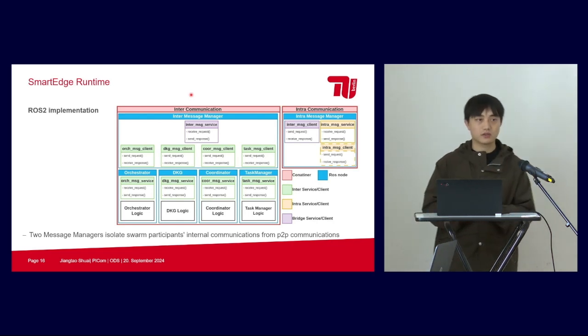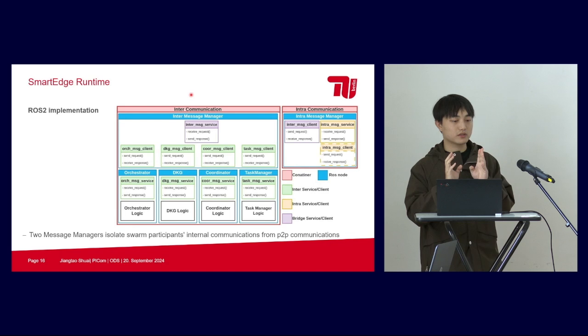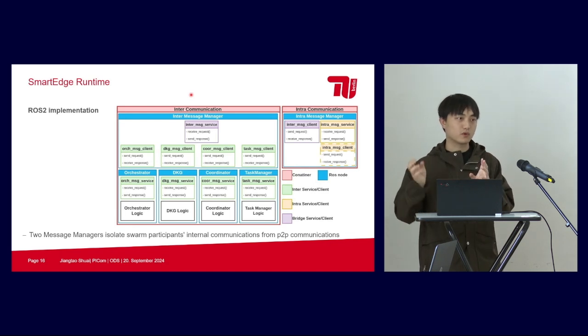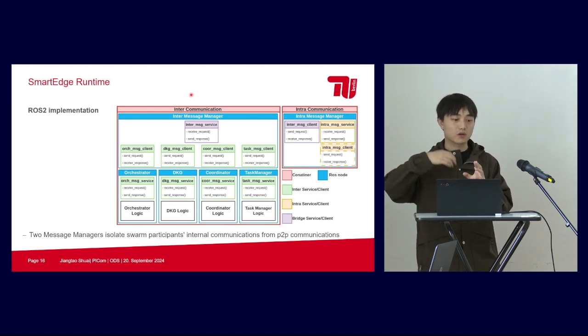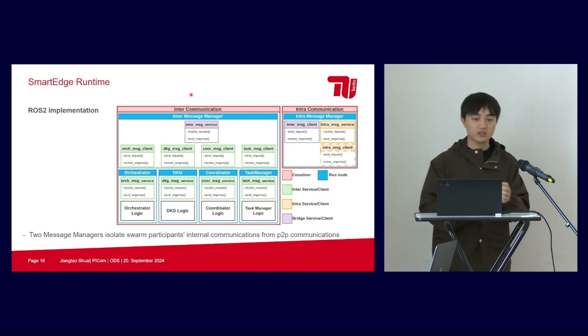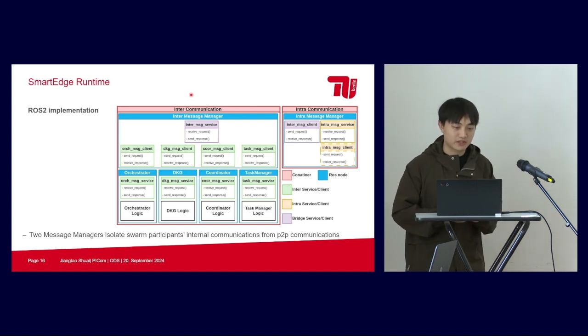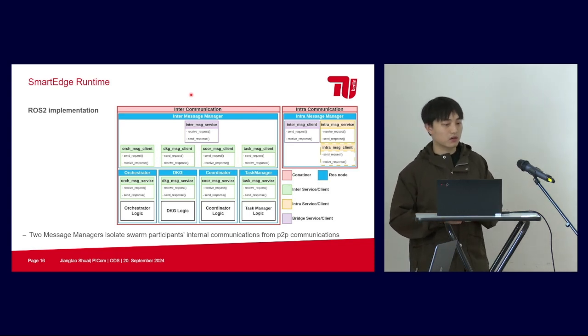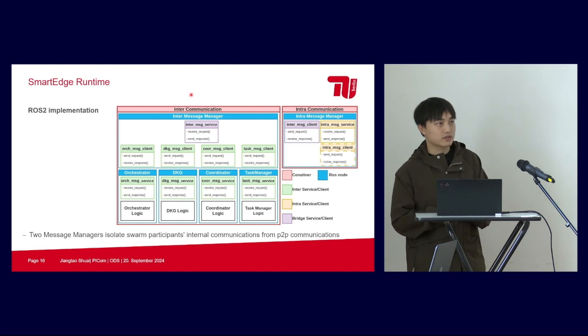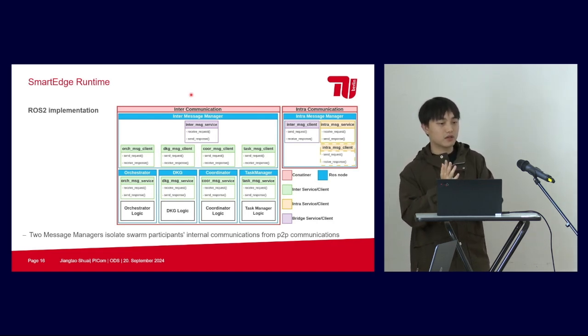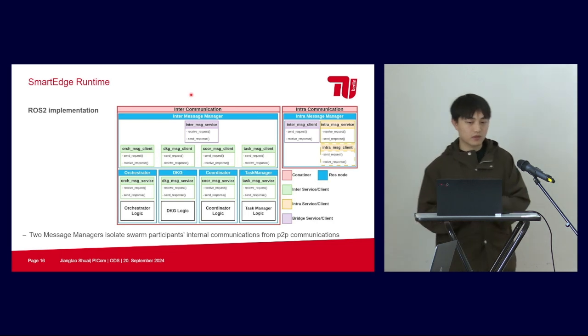Because on one edge device, we don't want everybody from the swarm, from other devices, to see our DKG, our task manager, or our orchestrator. This communication should be stopped. Everything should be handled or forwarded by the gateway, the message manager. That's the purpose of this.